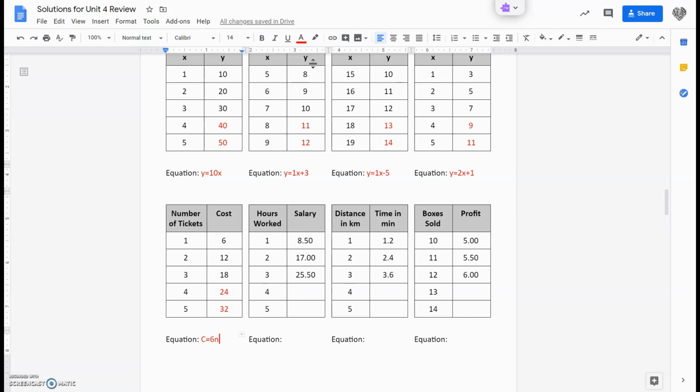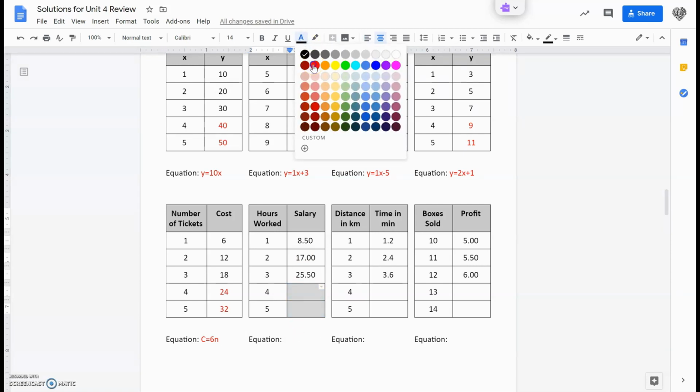So if one ticket costs $6, we subtract 6 minus 6 and we get 0. 0 tickets cost $0, which totally makes sense. But we don't need that plus 0. So we can just say the cost of the tickets is 6 times N, or 6 times the number of tickets. Okay. The next one, we have the hours worked and salary.